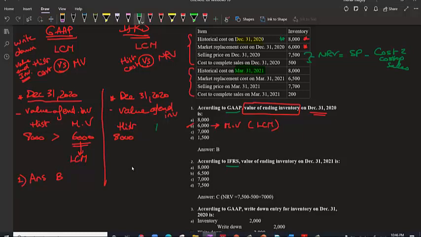So the net realizable value in this case would be 7,500 minus 500, which equals 7,000. Historical cost is greater than it, so we're going to choose the net realizable value if we apply the LCM. So question number 2, IFRS, the value of ending inventory, the answer is C.